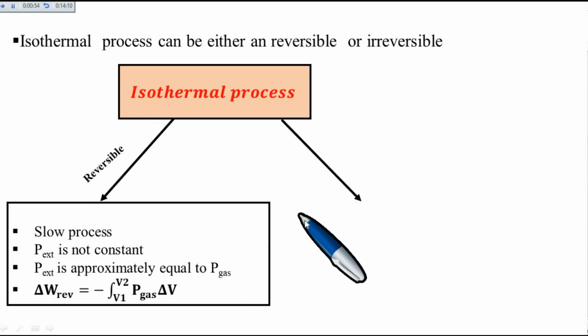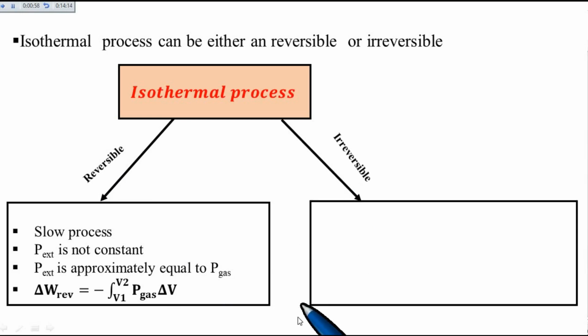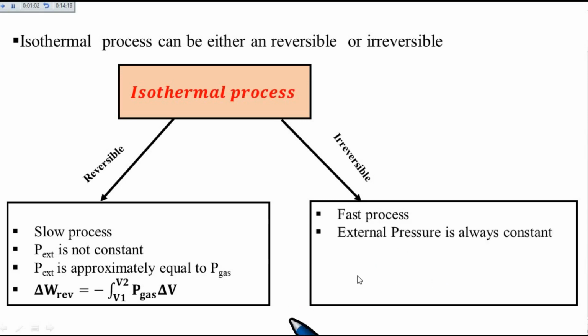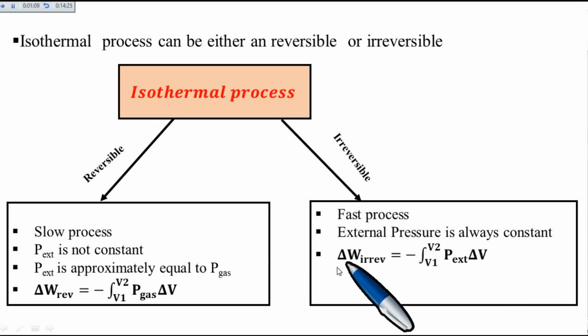Then we can also have the irreversible process. During an irreversible process, we have a fast process. The process is very fast, and here the external pressure is always constant. Here we use the external pressure in calculating the work done in an irreversible process, because the external pressure is always constant.